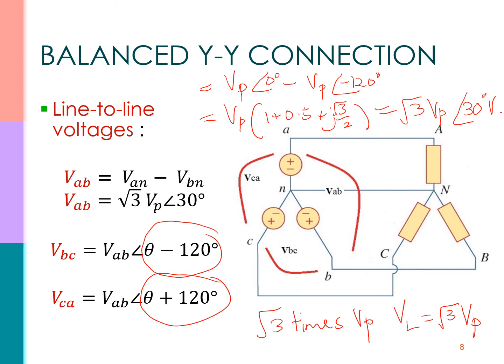So all the phase voltages and line voltages are equal in magnitude but out of phase by 120 degrees.